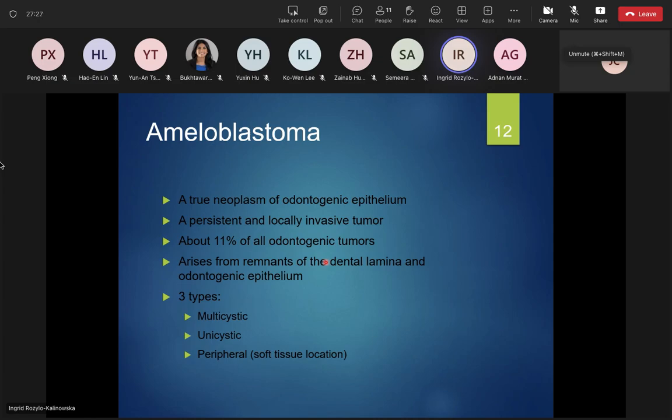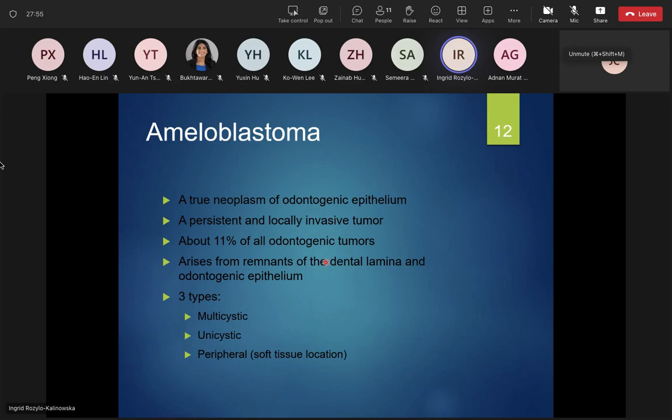But still, they can be so-called incidental findings because for a long time they may just grow in the jaw. Their favorite location is the mandible, the posterior mandible, and around the mandibular angle. We can say that there is a lot of bone marrow in these areas.